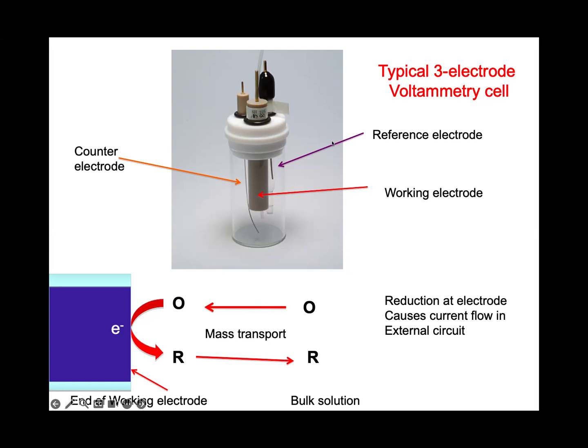But if we do fundamental study, we still use this. Counter electrode, as you can see, the working electrode is the biggest one because this is where the main reaction happens. And we also have the reference electrode.